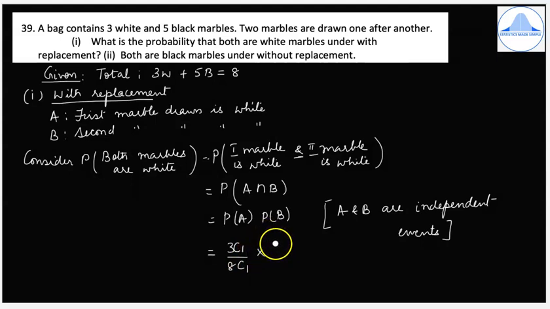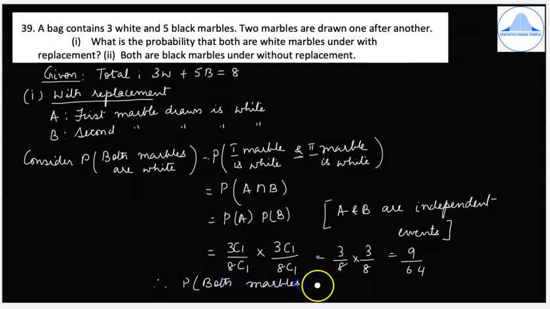So again there are 3 white and you have to pick one, so 3C1 by 8C1, which is 3 by 8 into 3 by 8, which is 9 divided by 64. So therefore probability both marbles are white. Convert 9 divided by 64 to decimals. So you'll get 0.1406.